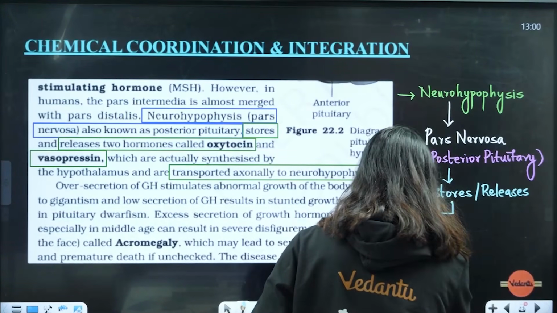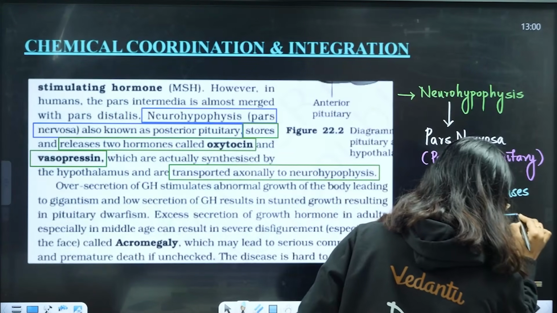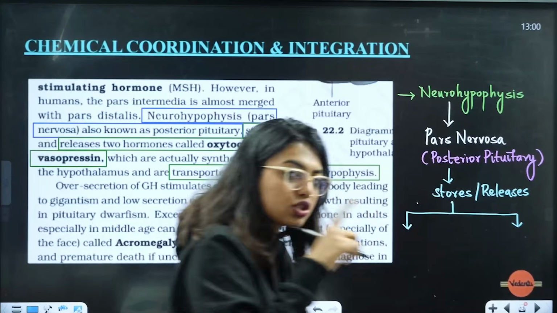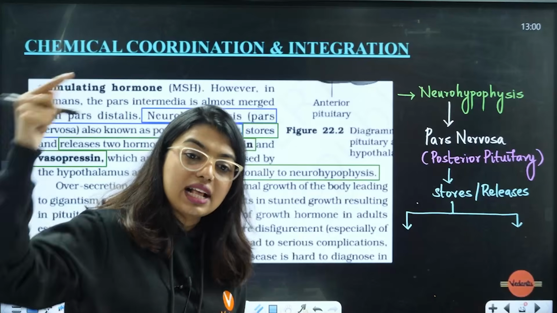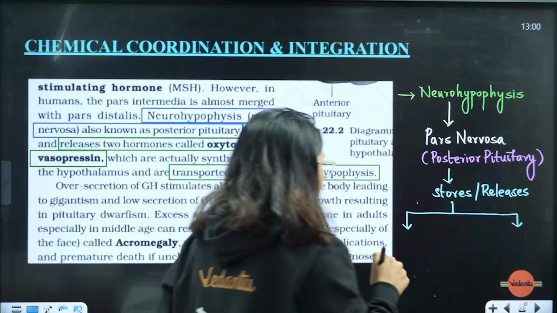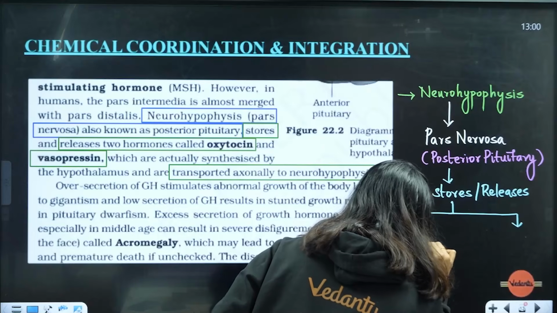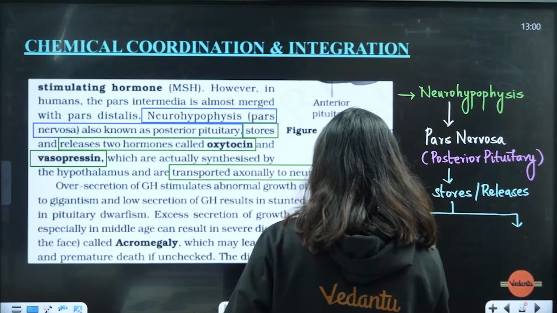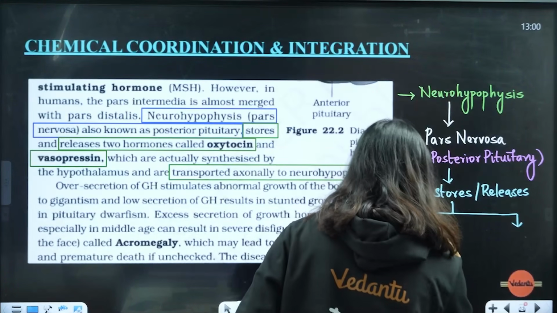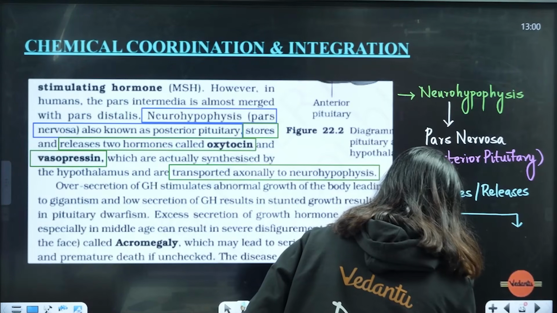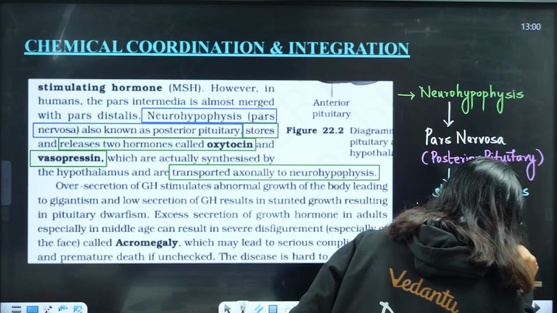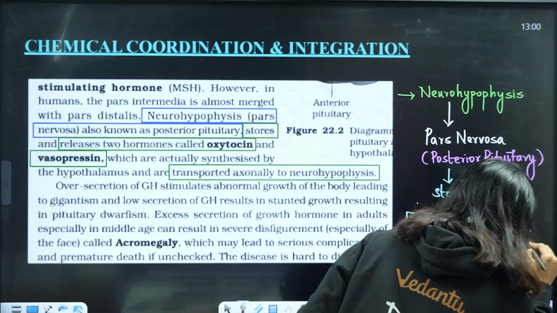It does not synthesize, but it will just store and it will release. And for this storage also, neurosecretory cells are directly going and adding the secretions, okay? So here oxytocin, and then vasopressin, okay?